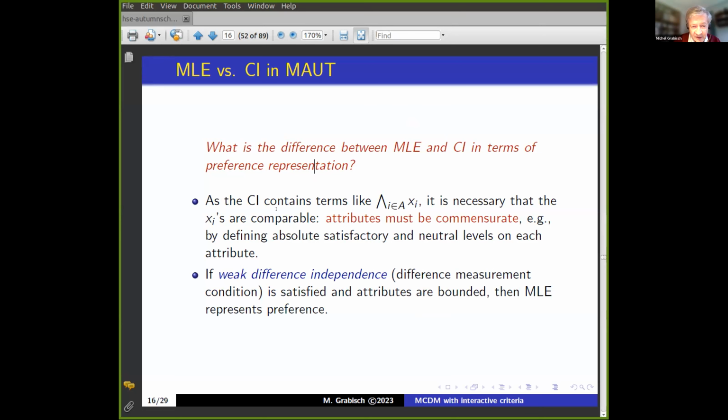You must have attributes which are commensurate, and this is a little bit difficult to obtain. You must absolutely define absolute levels on each attribute, as we did already before with the bold 1 and bold 0, if you remember. These were interpreted as satisfactory and unsatisfactory levels. So you must absolutely define this in order to use the Choquet integral.